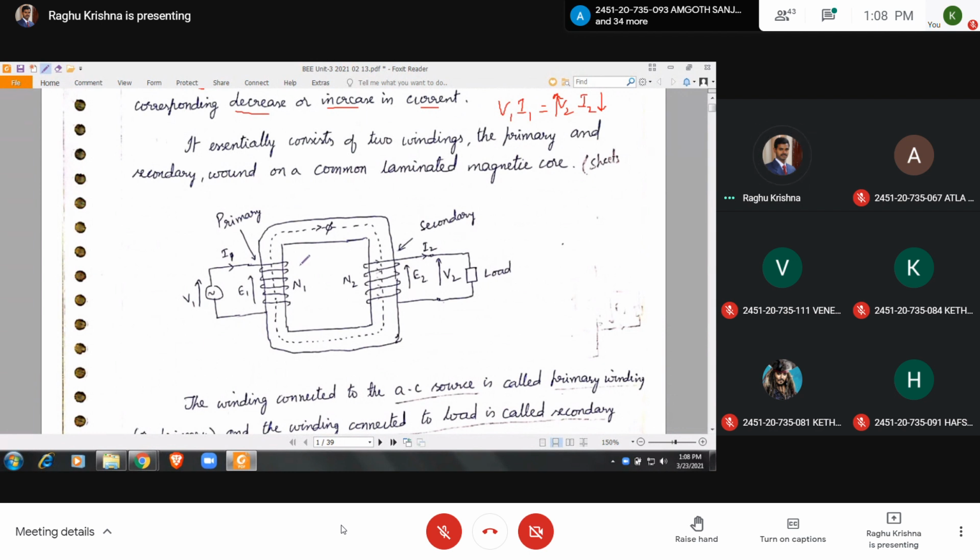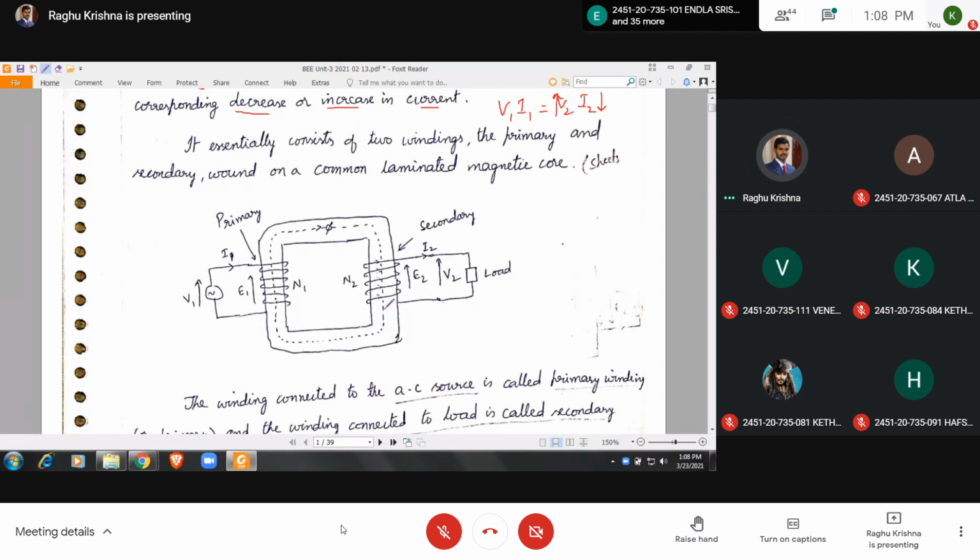So here the flux is alternating flux. When alternating flux links with the winding, EMF is induced in the winding. This induced EMF is statically induced EMF because we have no rotating parts. Is it clear? What is meant by statically induced EMF?